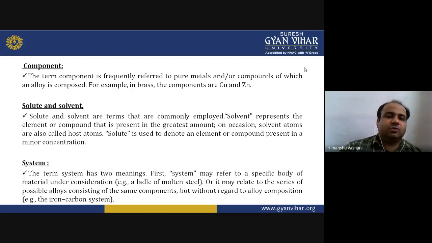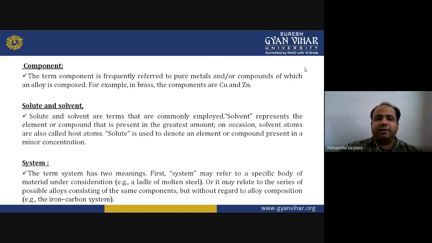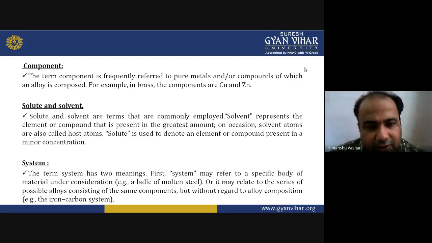Then solute and solvent. The solute and solvent are terms that are commonly employed. Solvent represents the element or compound that is present in the greatest amount. These solvent atoms are called host atoms because they are present in great amount.